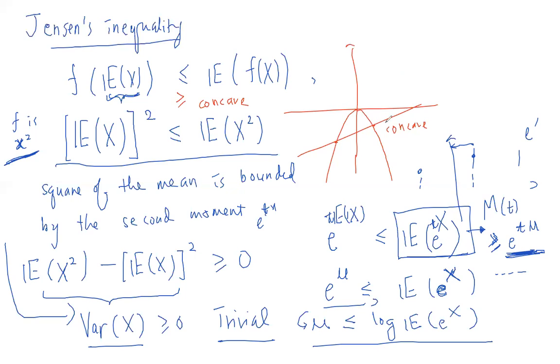If you do it like this, I think you will get back the same result. You know why? Then you will get minus of expectation of x squared greater than or equal to expectation of minus of x squared.